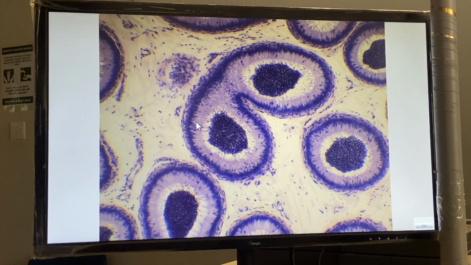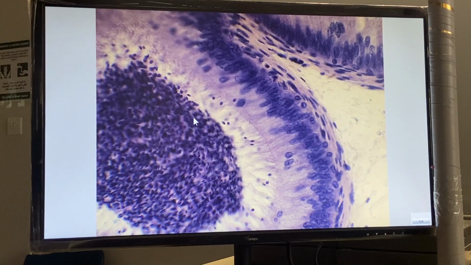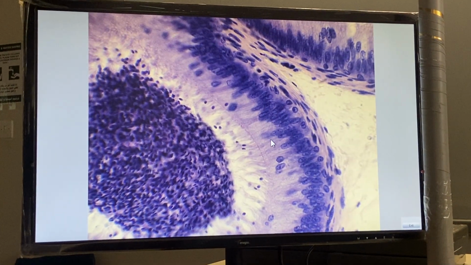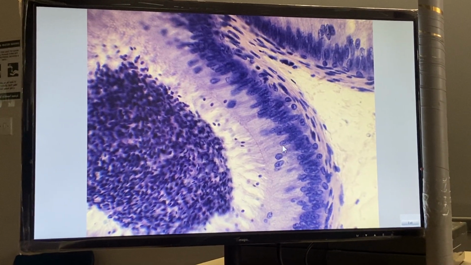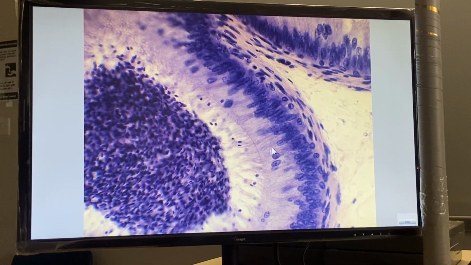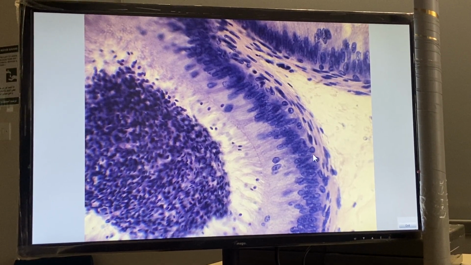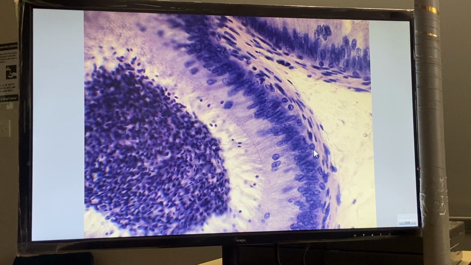This epithelium has two types of cells. Tall columnar cells called the principal cells, and small rounded cells called the stem cells.